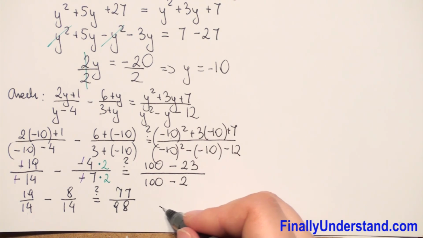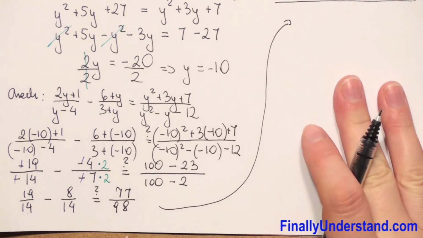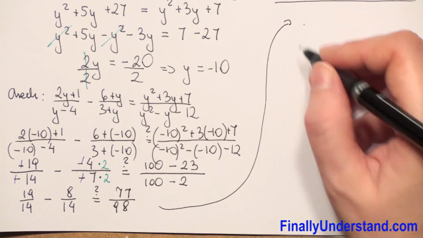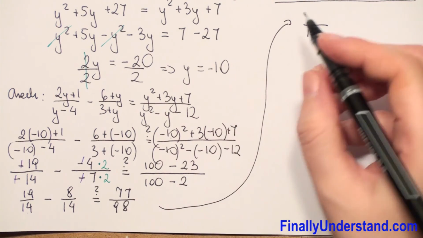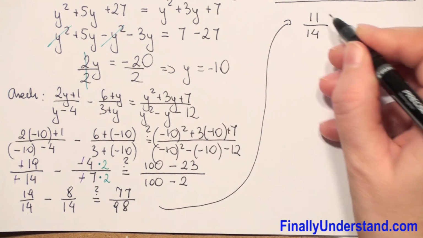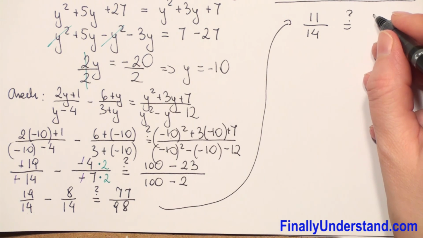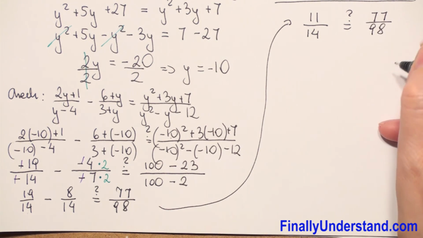Now let's write this here. We have the same denominator, so we copy the denominator 14. We have 19 minus 8 is 11. This should be equal to 77 over 98. What can we do?